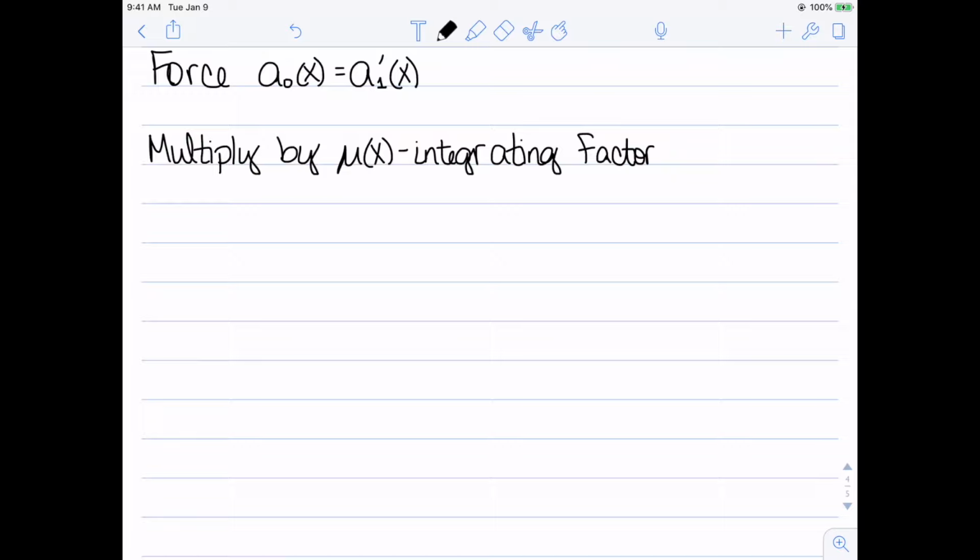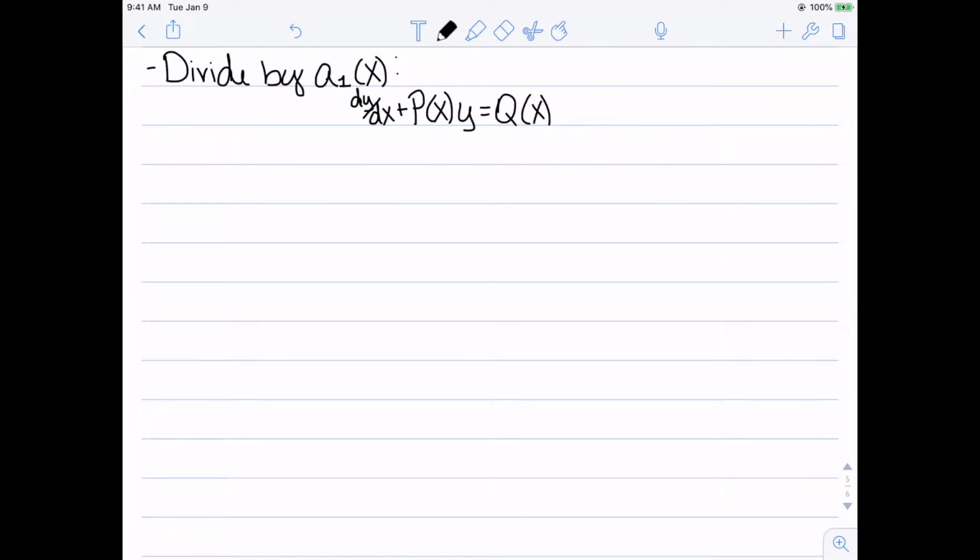So let's try to walk through and see if we can figure this out. The first thing I want to do is divide my equation through by a1 of x, and that puts this in standard form. So then I have dy/dx plus p of x times y equals q of x, where p of x is a0 over a1 and q of x is b over a1.